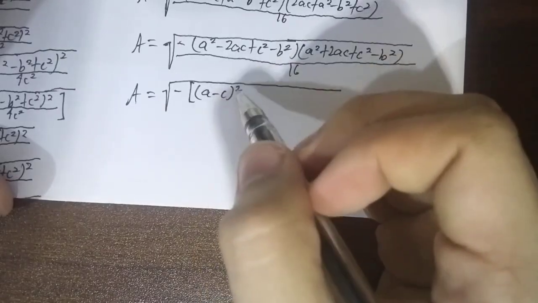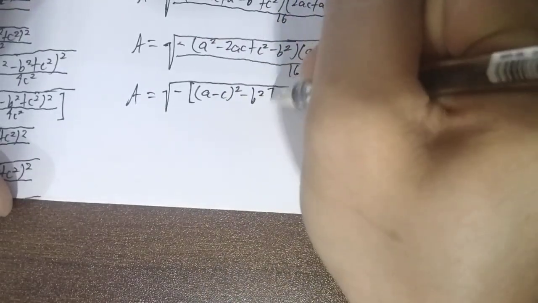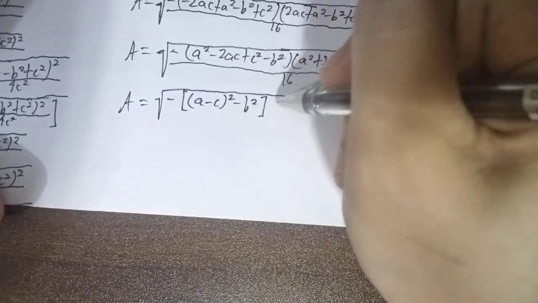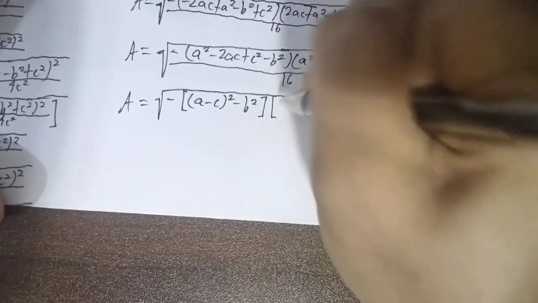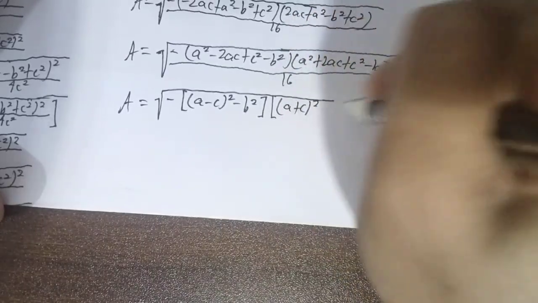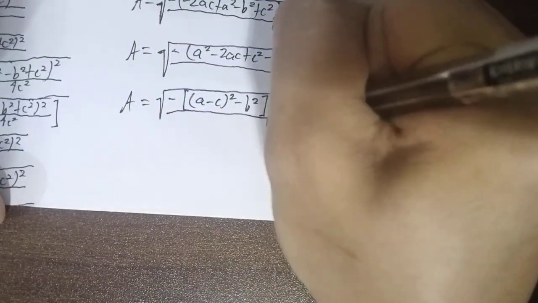A squared minus 2ac plus c squared. Correct. Minus b squared, close. And this is also the same thing. You can rewrite this as quantity a plus c whole squared minus b squared, close, all over 16.